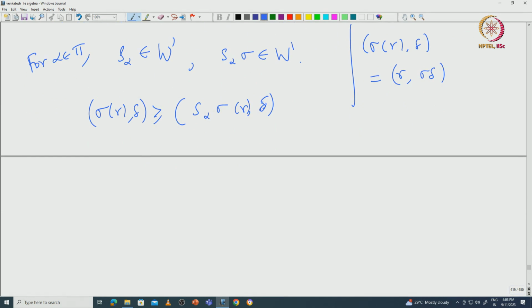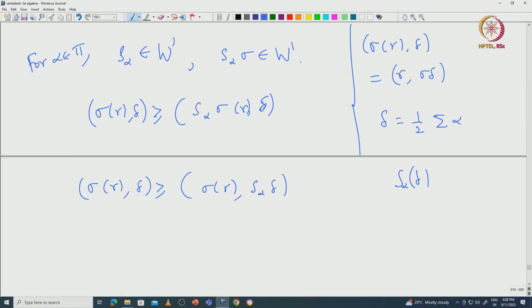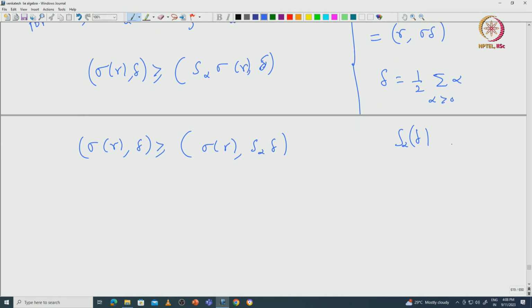So, let us compute this, then we get sigma of gamma delta greater than or equal to sigma of gamma S alpha of delta, but S alpha of delta what it is, since delta is half sum of alpha where alpha positive. So, then S alpha of delta will be exactly equal to half sum of summation alpha, sorry, let us call it beta because S alpha we are applying. So, let us take this to be beta.